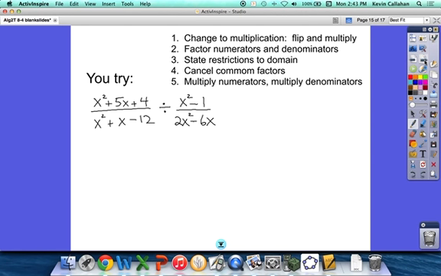Okay, what kind of factoring are you going to do on the 2x squared minus 6x? Greatest common factor. What's the greatest common factor between 2x squared and 6x? 2x. So factor it out. Again, don't turn those into harder problems than they need to be. Greatest common factor is supposed to be kind of an easy one.